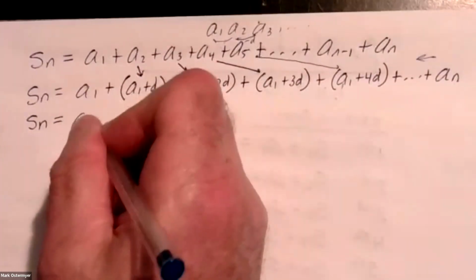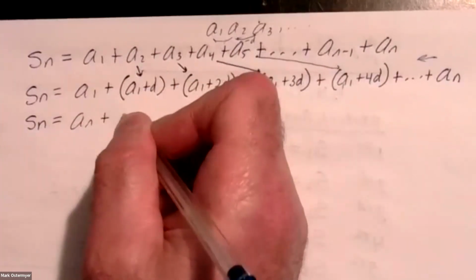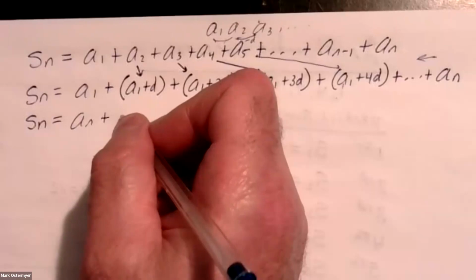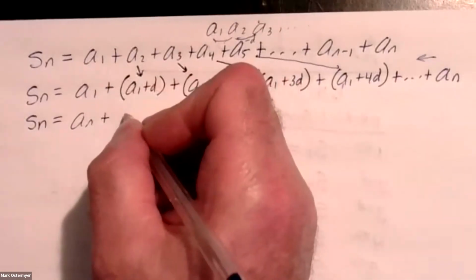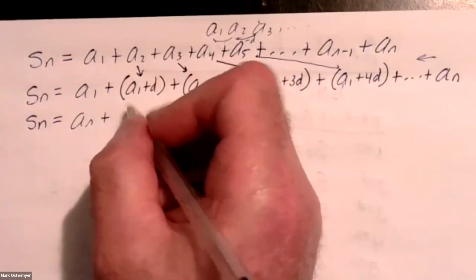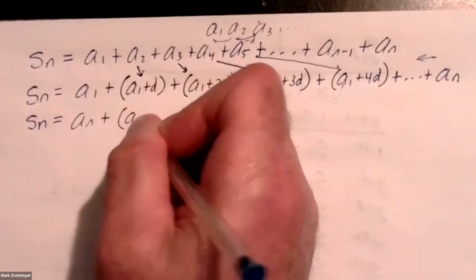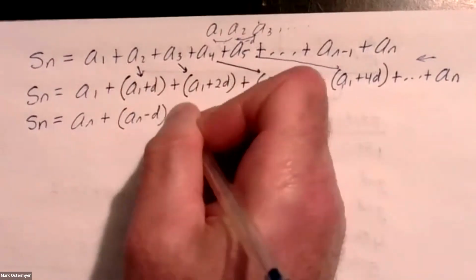So I'm going to start with my nth term, and then to go back to the previous term, the n minus 1th term, I'm going to have to take my nth term and subtract off my common difference.